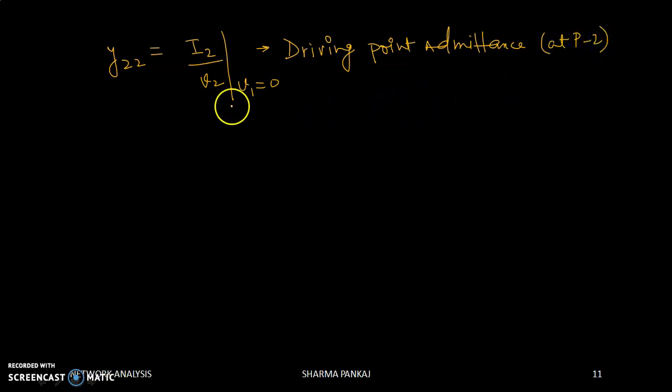Why at port number 2? Because I2 exists at port number 2, V2 exists at port number 2. Okay. This is also called as output admittance.